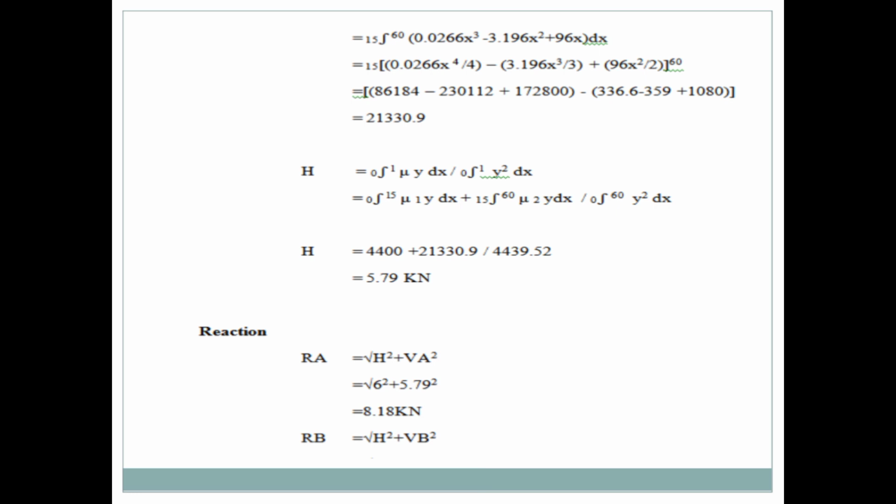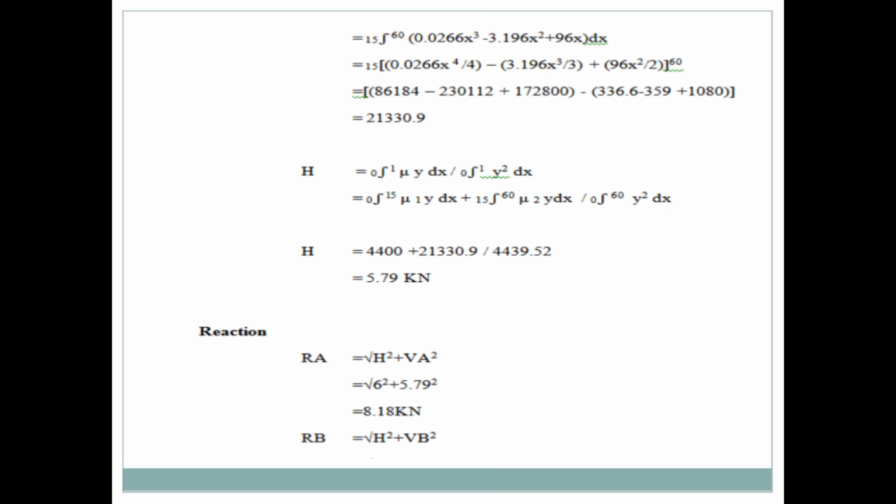And next you want to find the H. For that, H is integral 0 to L mu y dx divided by integral 0 to L of y square dx. While you are applying this, you are getting the value H is equal to 5.79 kilonewton. And finally the reactions, Ra is equal to root of H square plus Va square, getting the answer 8.18 kilonewton.